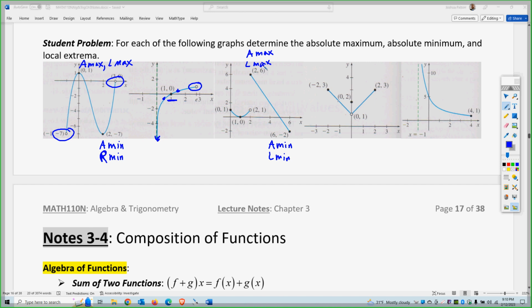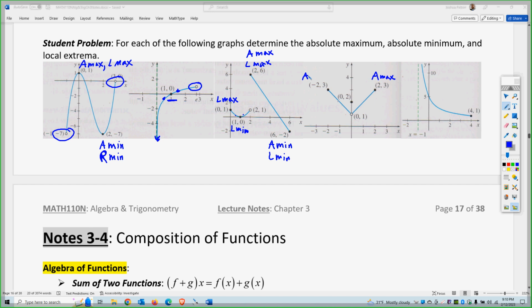And if I look through here, this is a local min, and this one is a local maximum, because remember, locals or relatives are not absolute, but all absolutes are local essentially. All the points before and after this coordinate of (1, 0) are higher, so that's a minimum, by definition.